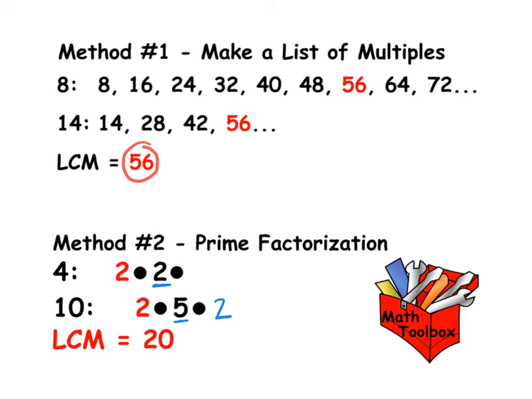And the 10 has a 5 that's an extra number, so I need to share it with the 4. And most people know that 2 times 2 is 4, times 5 is 20. And so that's your LCM. This is just simply another tool that you can add to your math toolbox. Another way of finding the least common multiple.